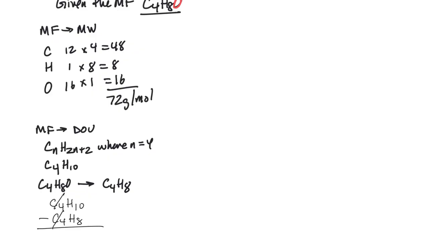Carbon's not going to play a role in how we determine degrees of unsaturation. So H10 minus H8 is H2. And we're going to define a degree of unsaturation as an equivalent of H2. So 2 divided by 2 is equal to 1 degree of unsaturation. And we know structurally 1 degree of unsaturation can translate either into a pi bond or a ring.